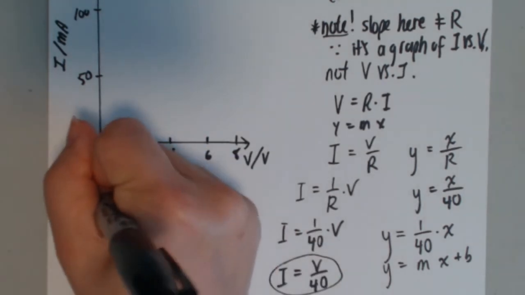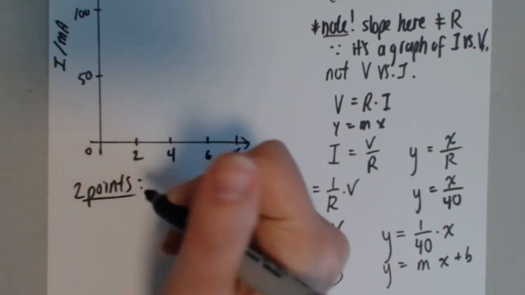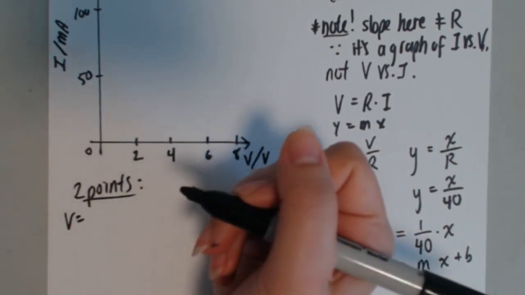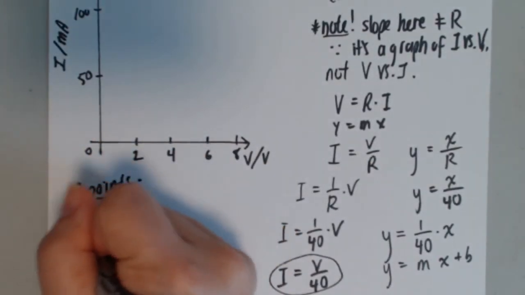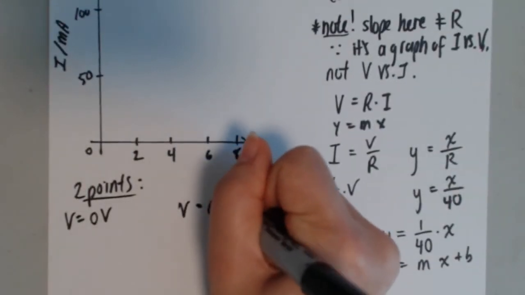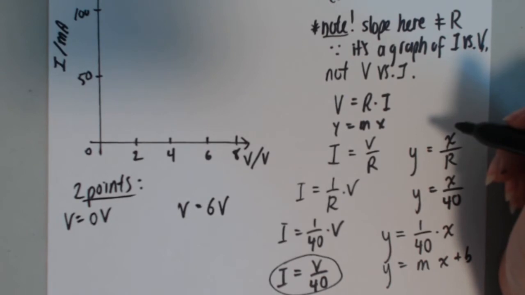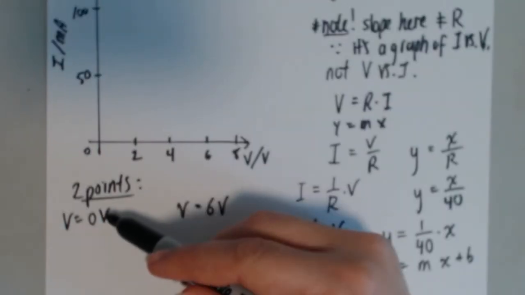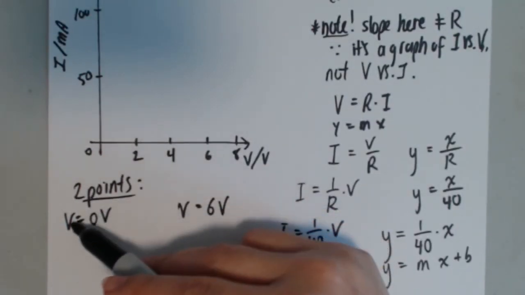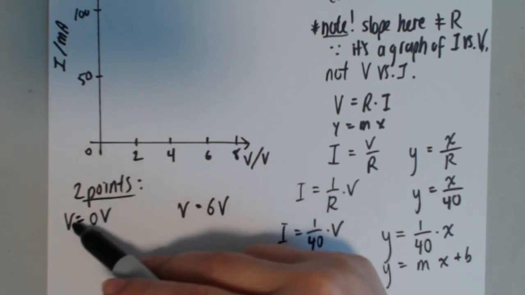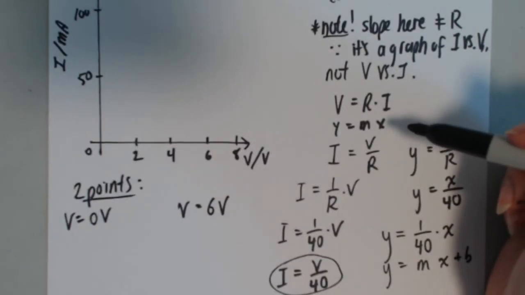So my 2 points are going to be at V, the voltage is equal to 0 volts, and voltage is equal to 6 volts. Now, this is unfortunately one of the annoying things in physics, and that is that voltage, and so the unit for voltage, which is volts, and the symbol for voltage, they look exactly the same.